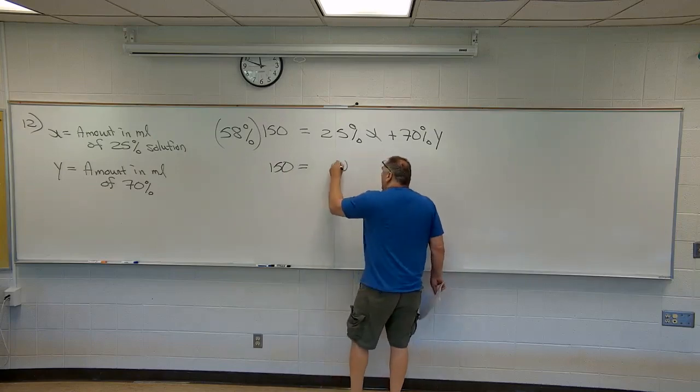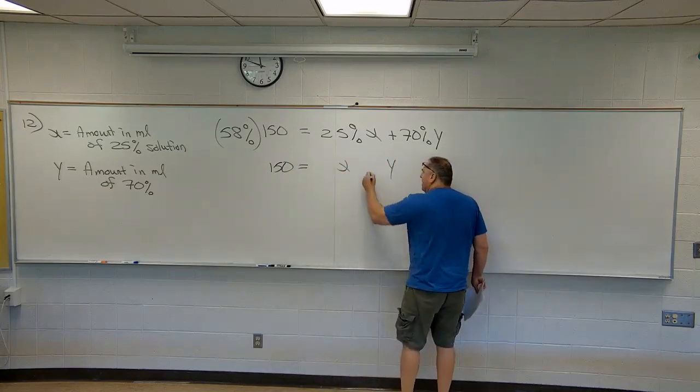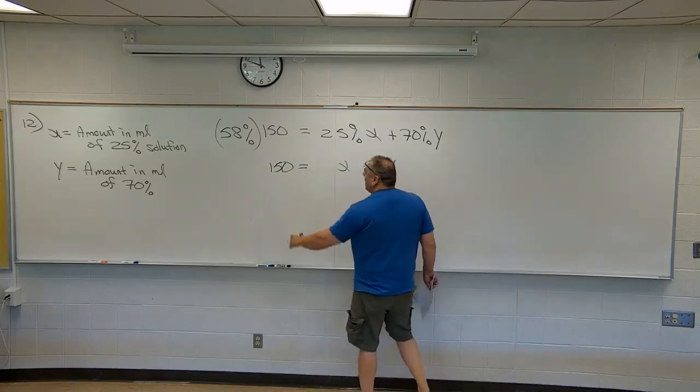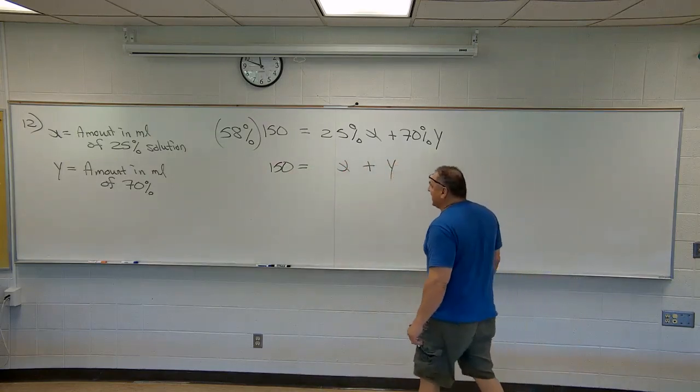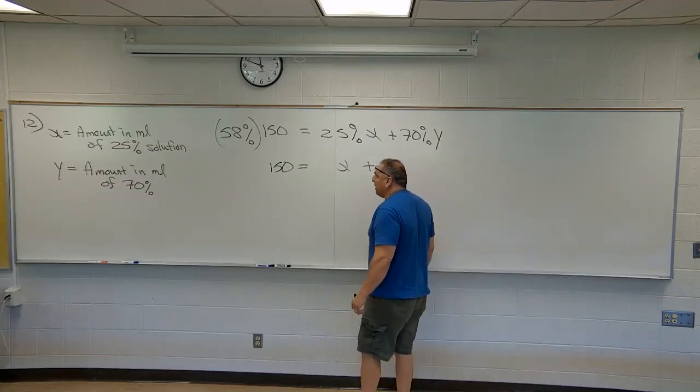I'm going to put X amount and Y amount, and together they've got to add up to 150. Ladies and gentlemen, you basically have two equations and two unknowns right here.